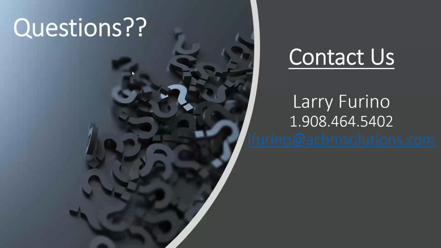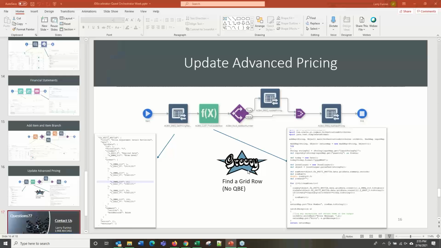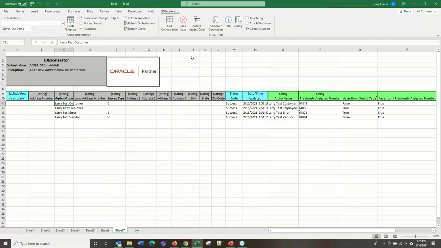All right, next question is, does the user running the reports via JDExcelerator need to be already logged into E1? So the answer to that is no, they just need to be logged into JDExcelerator. And I've seen a couple of other questions come up about this. If I come back into Excel, the user that's being used to call all of these is actually defined up here in our AIS server connection.